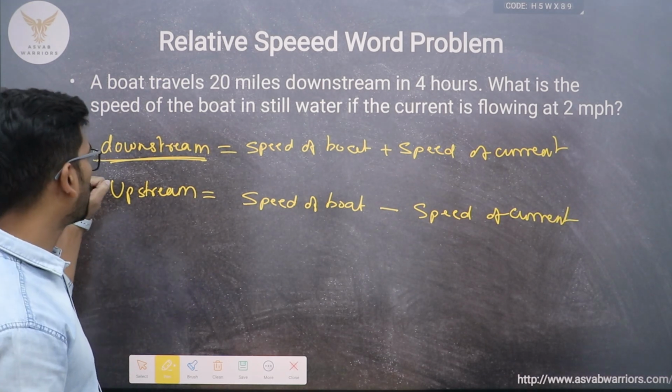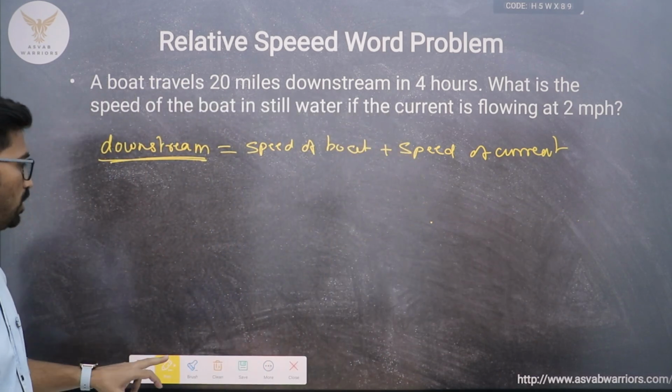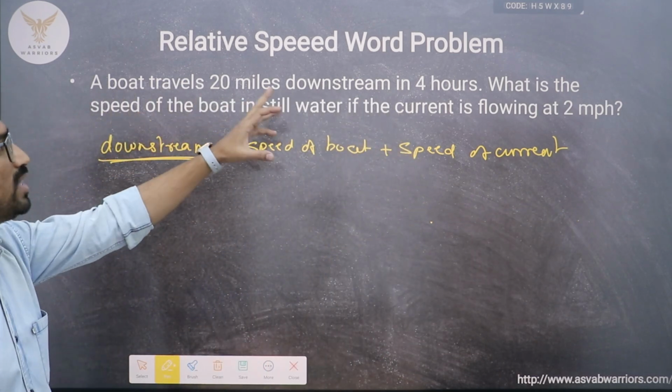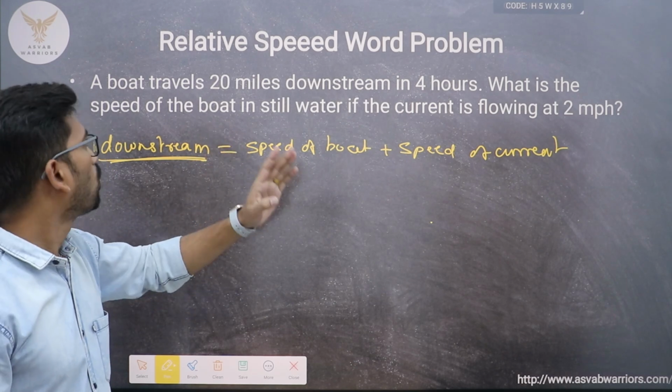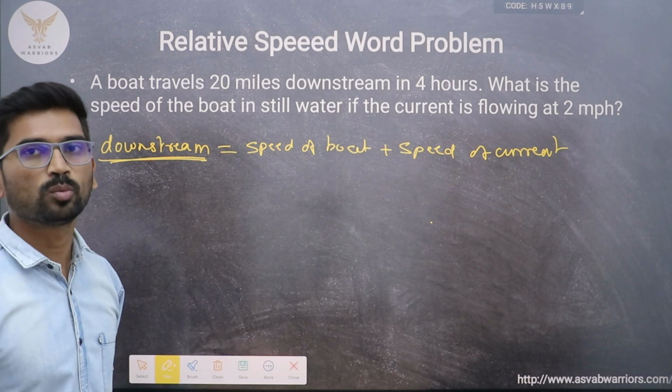Now in this particular case, we have the question of downstream. A boat travels 20 miles downstream in 4 hours. What is the speed of the boat in still water if the current is flowing at 2 miles per hour?